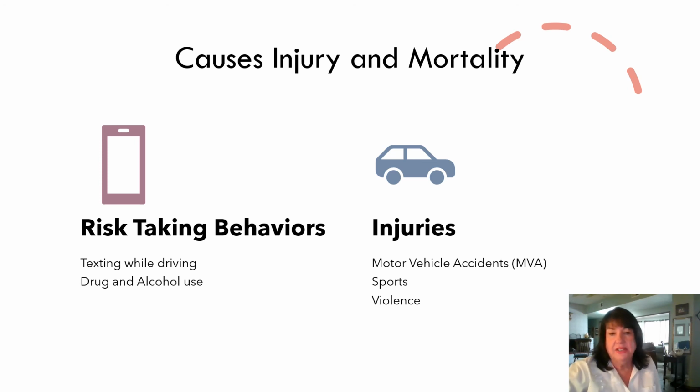Drug and alcohol use. Many times what is happening in the adolescent mind is their judgment, remember their abstract thinking is not quite as high as an adult, and their judgment is not always the best.